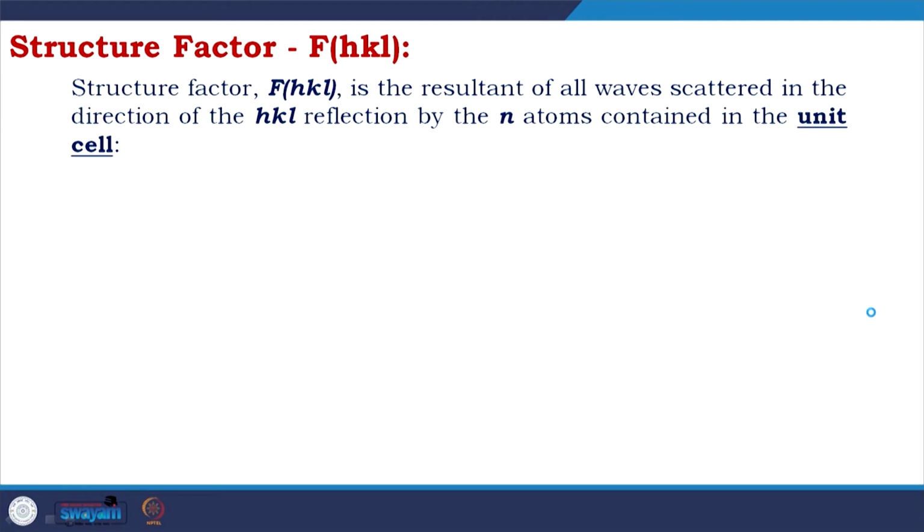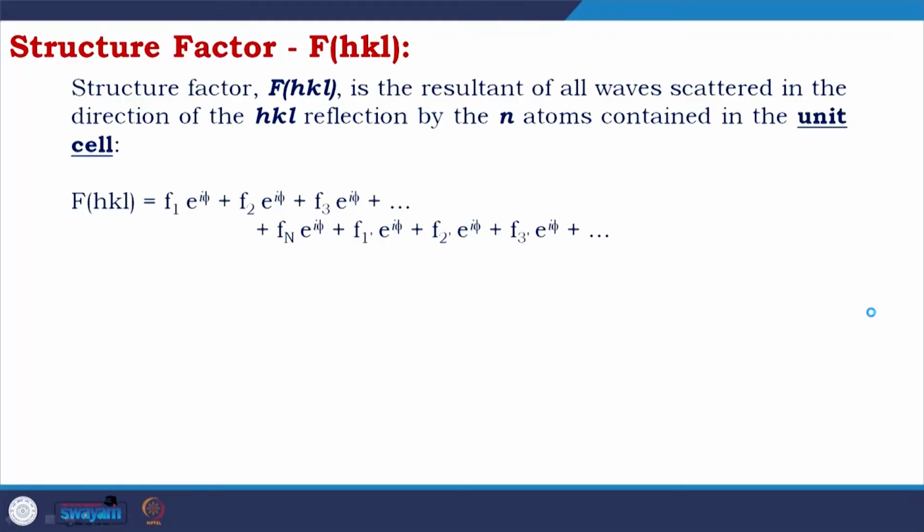Now, the structure factor F(HKL) is the resultant of all waves scattered in the direction of the HKL reflection by the n atoms contained in the unit cell. So, by unit cell, n atoms is how many atoms there are in the unit cell, and if you remember, we have talked about how the different symmetry defines how many atoms are already there.